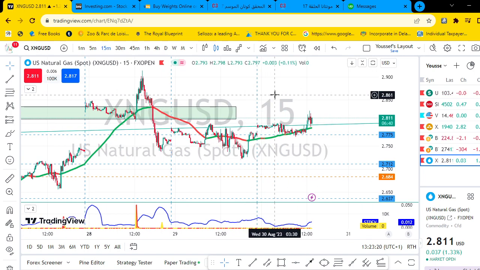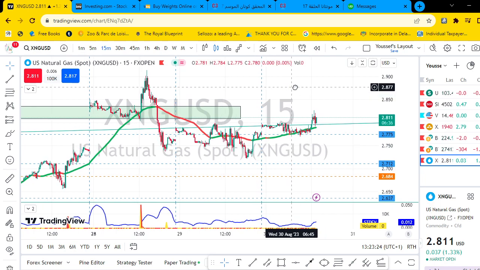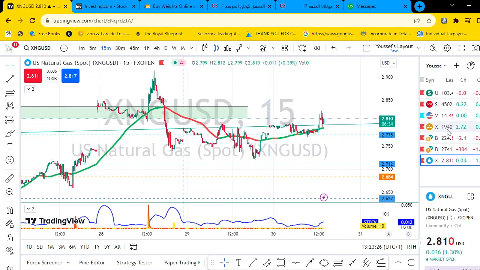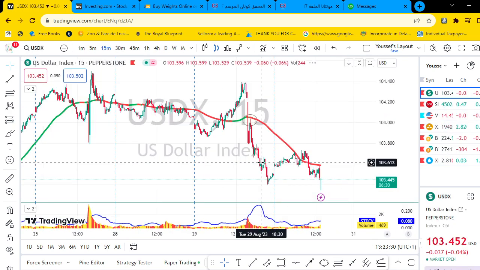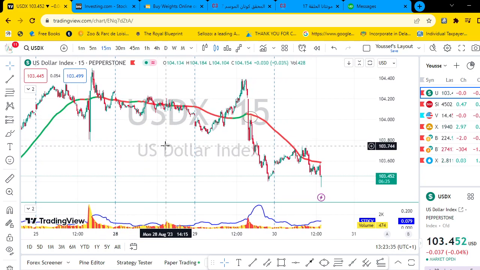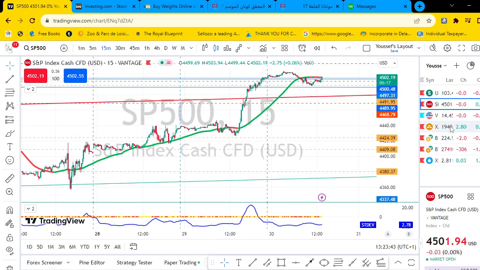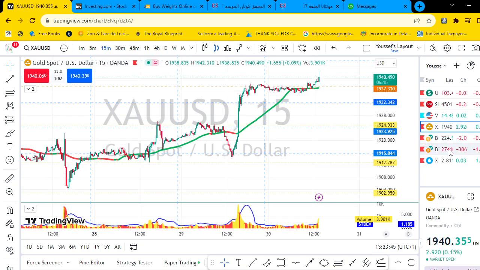Yeah, this is natural gas. So as you saw yesterday, I forgot to show you something. Actually, there is a negative correlation, not positive, between the US dollar, S&P, gold, and BTC.